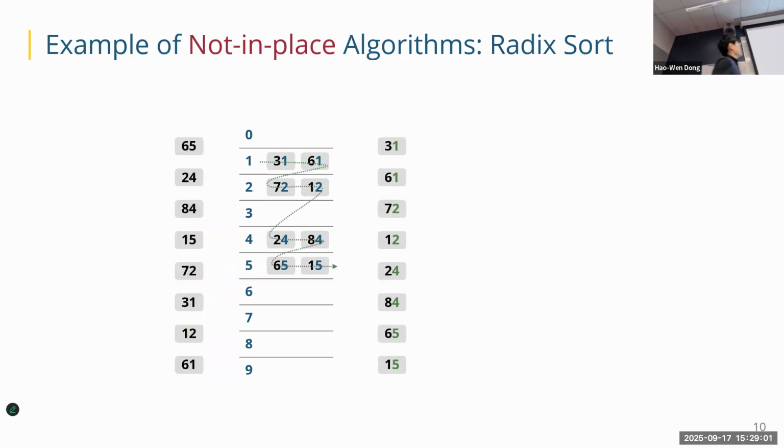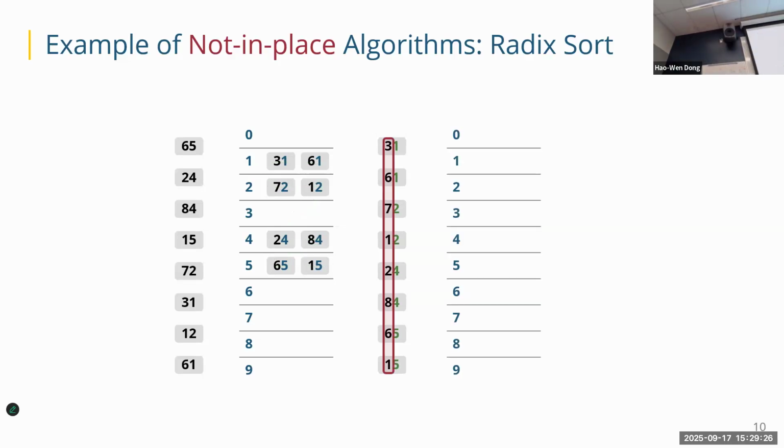Once you've got all these, you just go through them, and now if you look at the rightmost digit, everything is sorted. But the leftmost digit is not sorted yet. So now you do it again. Say you have 0 to 9 buckets for them, and you go through the same thing.